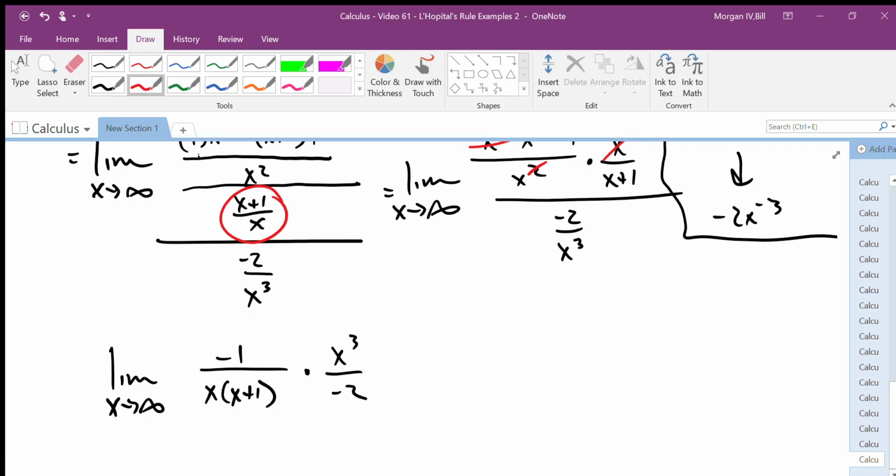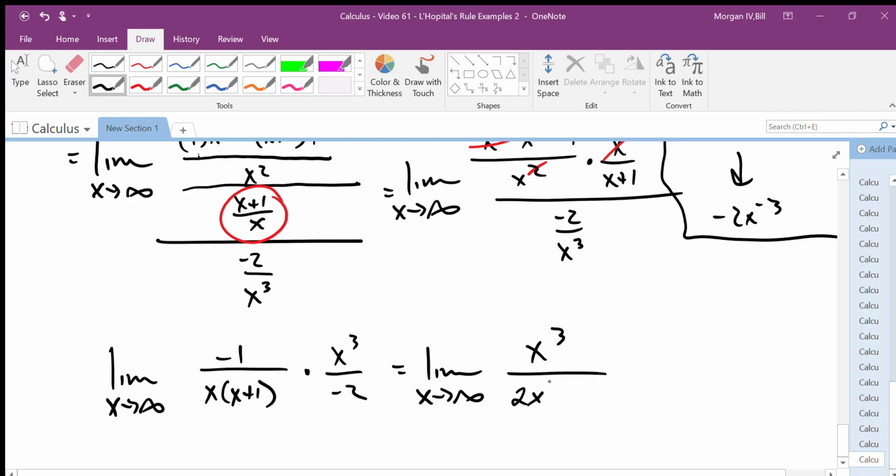Okay, let's see, the negatives cancel. We get the limit as x goes to infinity of x cubed over 2x times x plus 1. Or if I multiply that out, that's the limit as x goes to infinity of x cubed over 2x squared plus 2x.